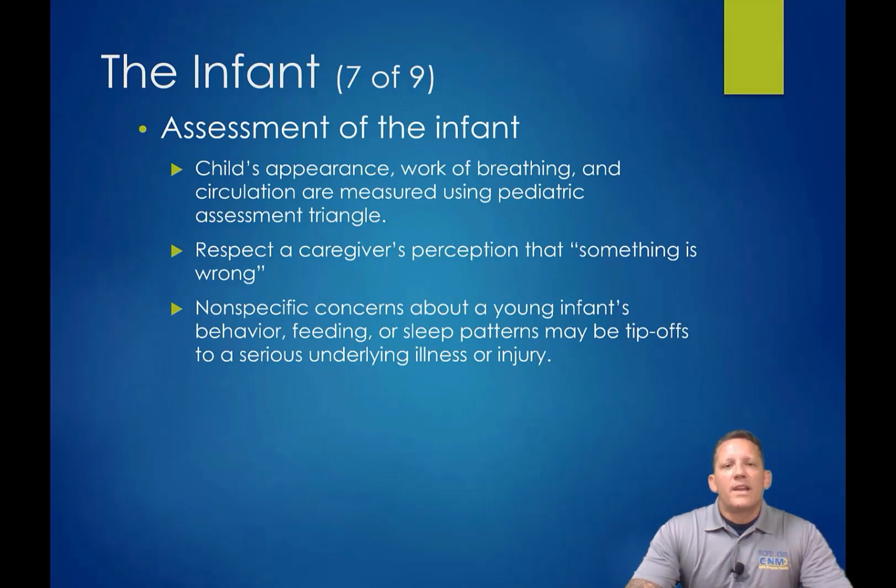So we're really looking for that work of breathing, whether or not they're mentating appropriately, and then how they actually look in regards to skin turgor or their circulatory status. We're looking for that skin color and things like that.